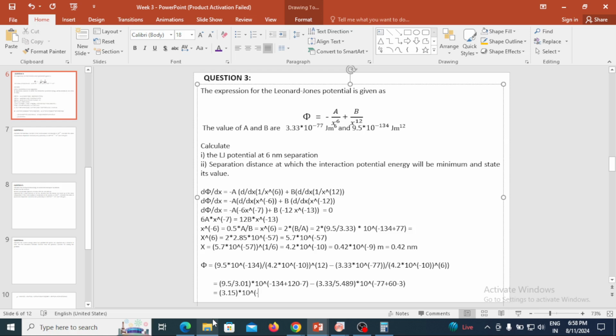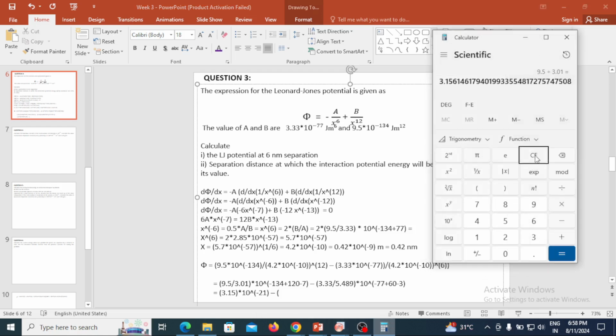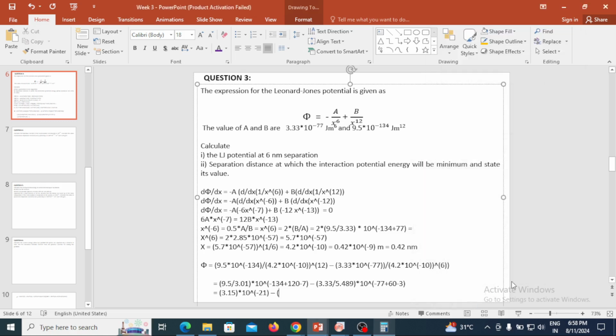So this will be like minus 141 plus 120, so minus 21 plus minus 3.33 divided by 5.489, that will be 0.6, or you can take it as 6.06.